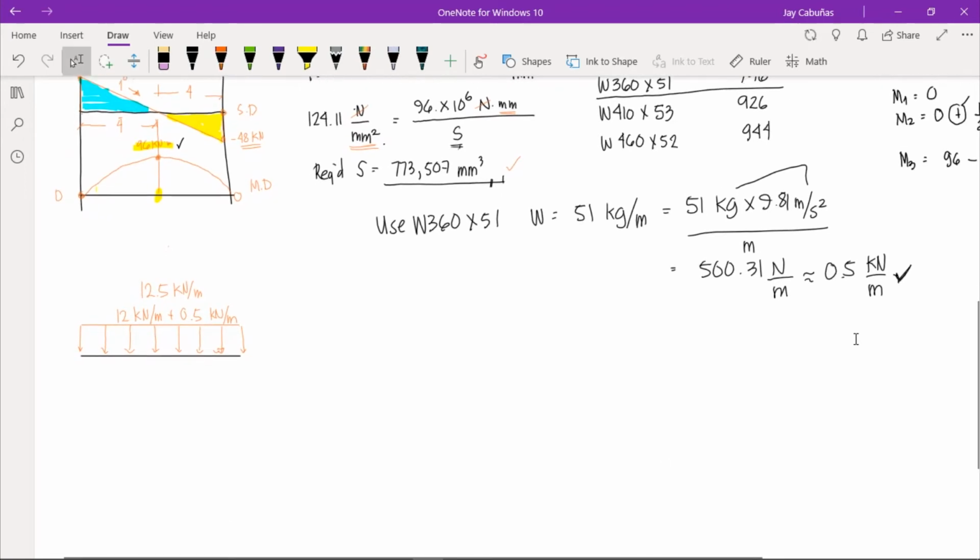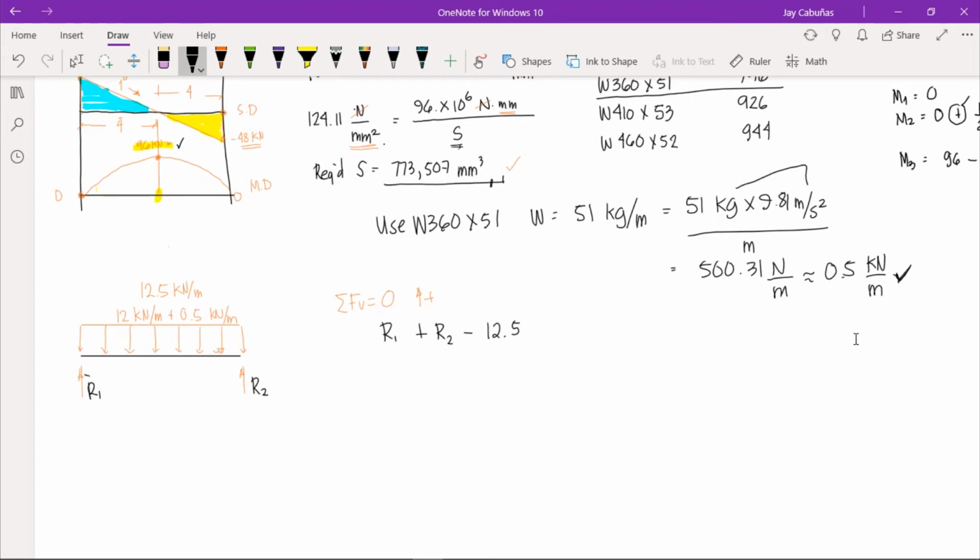Okay, so we compute for the reactions since we have a new load. So the reactions here would be, if we sum up forces vertical equal to 0, upward forces are positive, this gives us, let's say this is R1 and this is R2, R1 plus R2 minus 12.5.